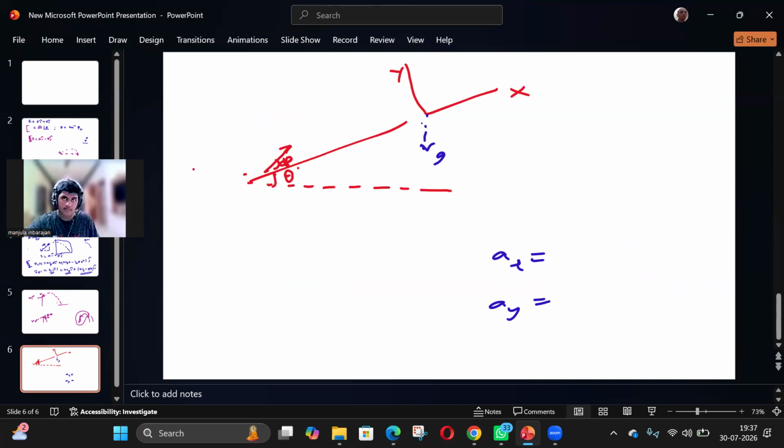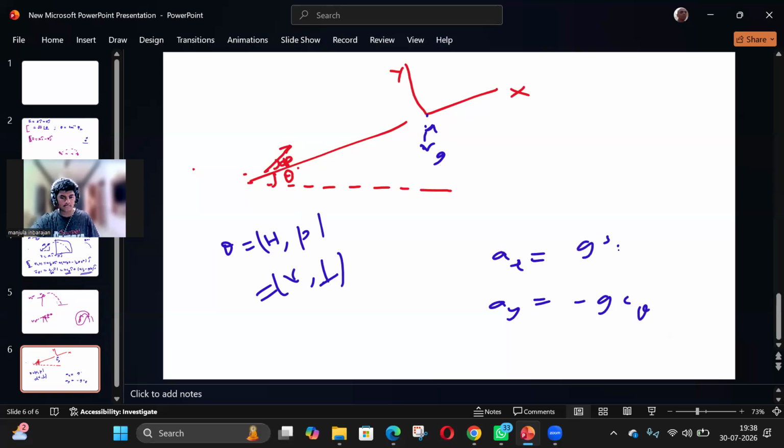The angle theta between the horizontal and the plane is the same as the angle between the vertical and the normal to the plane. So g cos theta is along the minus y direction and g sin theta is along the minus x direction. After that, you can use the three equations of motion along both x and y.